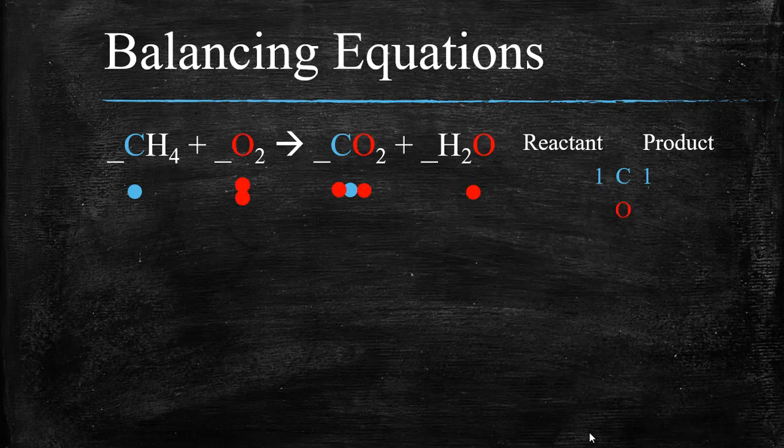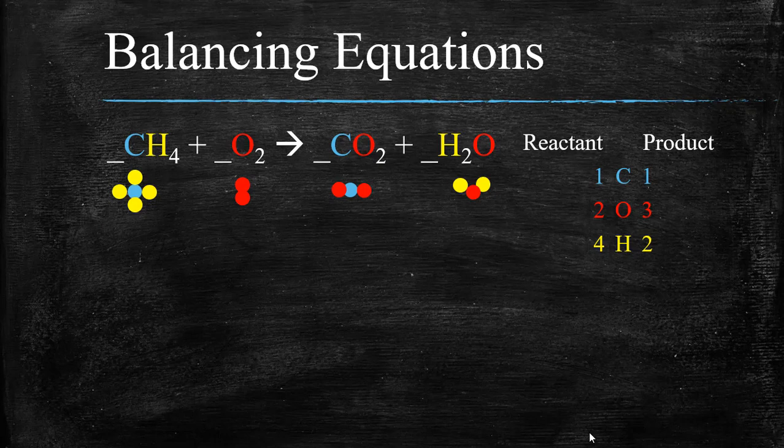We'll put those in red, and we see that on the reactant side there are 2, but on the product side there are 3. This is most definitely not balanced. And then we look at the hydrogen, which will be in yellow, and we see that on the reactant side there are 4. On the product side there are 2. That's not balanced. As a matter of fact, the reaction is balanced only when the numbers on both sides for reactant and product are equal.